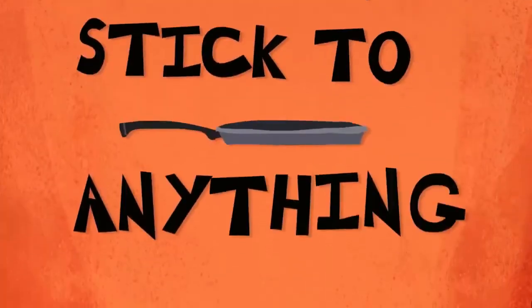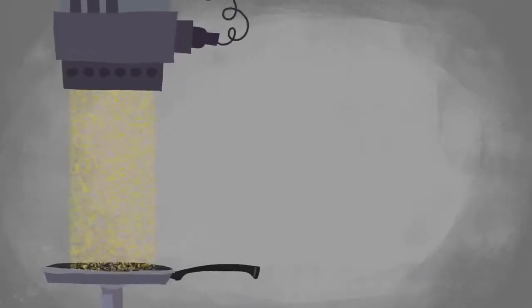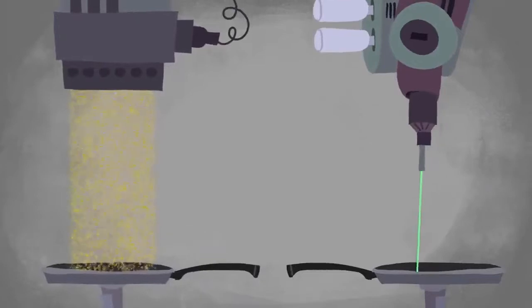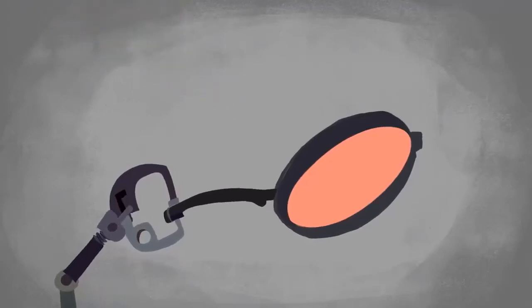But wait, if PTFE doesn't stick to anything, how can it be so firmly attached to something like a pan? One method involves sandblasting the pan or etching it with chemicals to make it rough. Then a special primer is applied, which acts like glue. Its exact composition is a trade secret, guarded by each manufacturer.